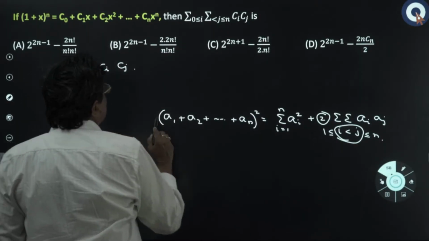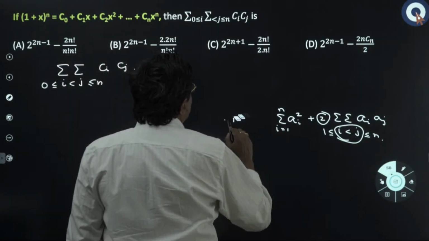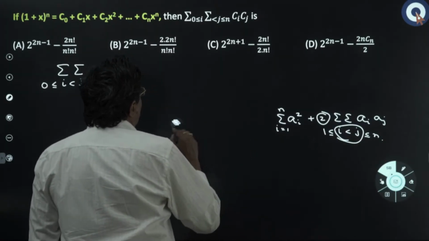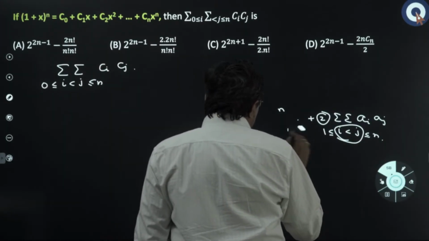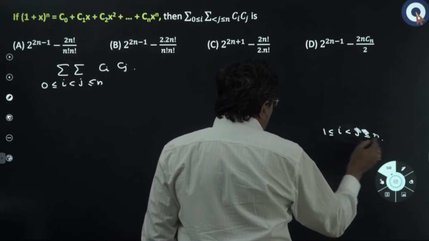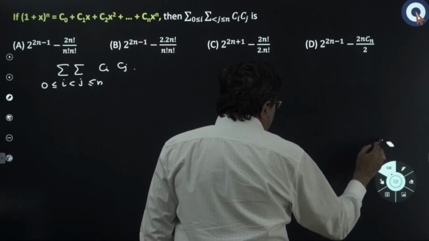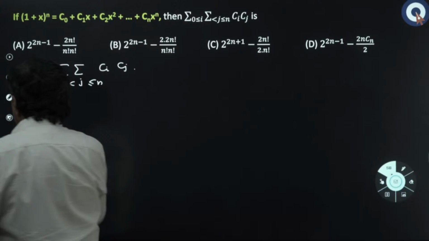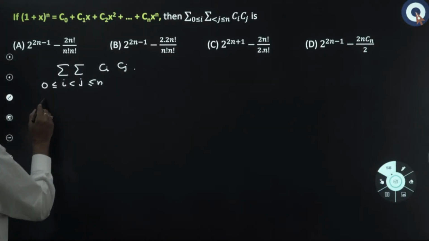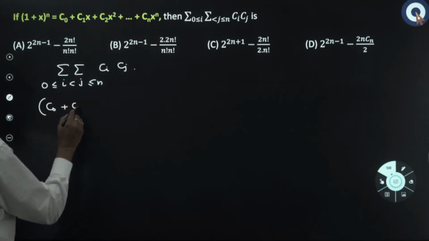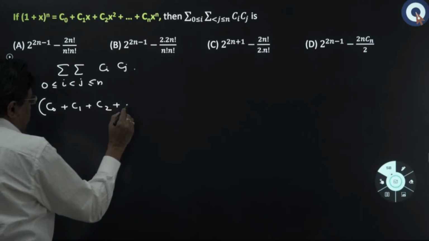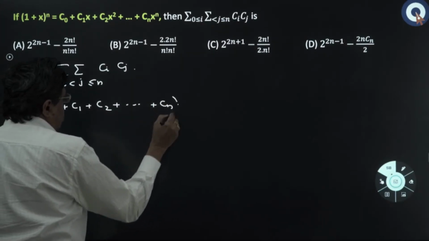It is simply the same. We are considering the binomial coefficients instead of a1, a2, a3. We consider c0, c1, c2. So just consider (c0 + c1 + c2 + so on + cn) whole square.